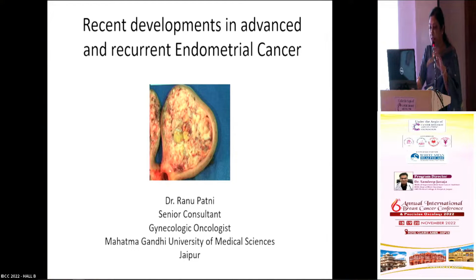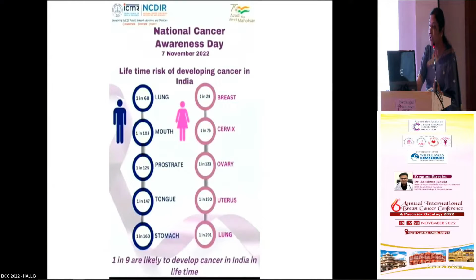Like I said earlier, endometrial cancer was supposed to be a very simple and best to have gynae malignancy, but it is not so now. And the recently released data by ICMR shows that the incidence of cancer is 1 in 9.